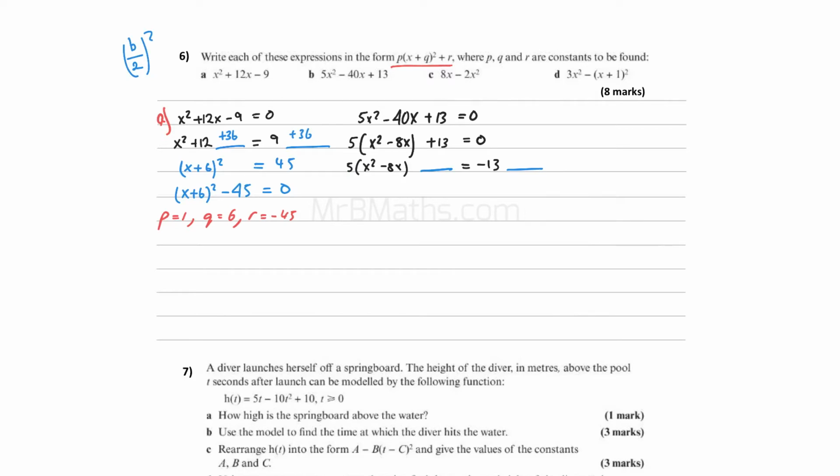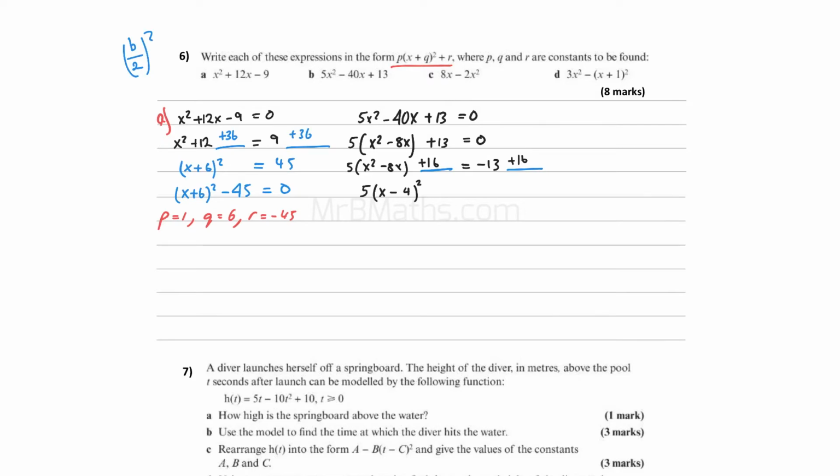Okay, so our magic number being b over 2. So we have 8 over 2, which gives us 4, and 4 squared is 16. So we add 16 to both sides. And we can now factor this, so it will become x minus 4 squared, not forgetting the 5 on the outside.